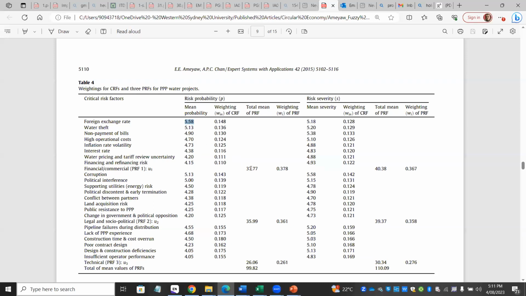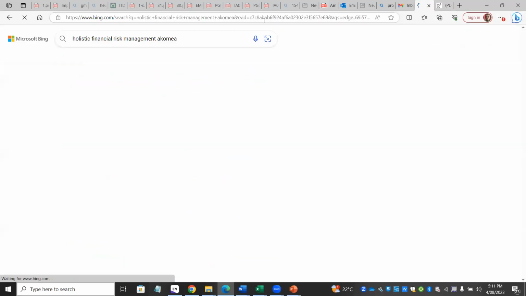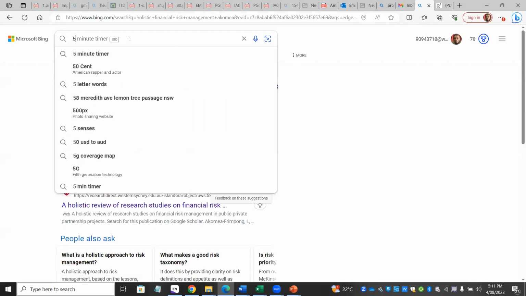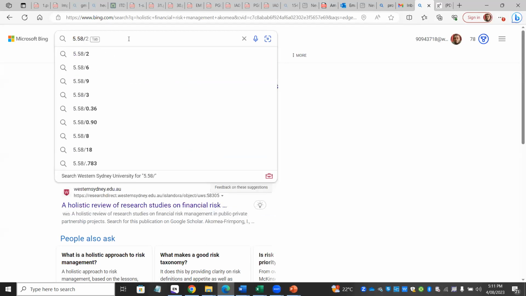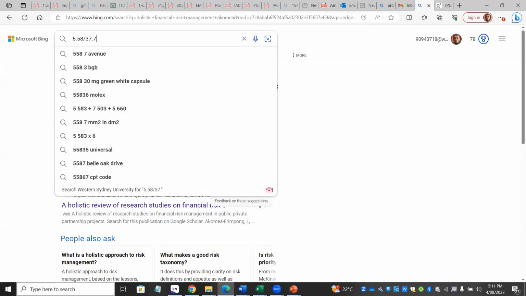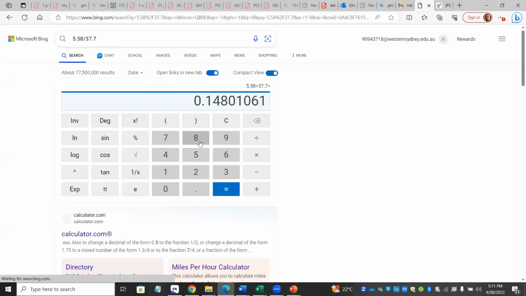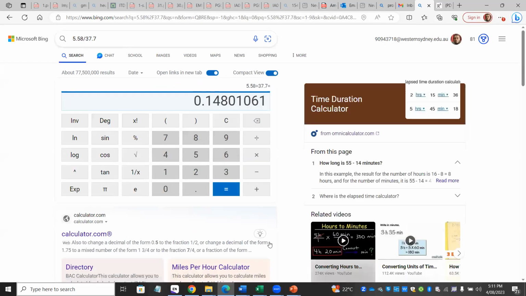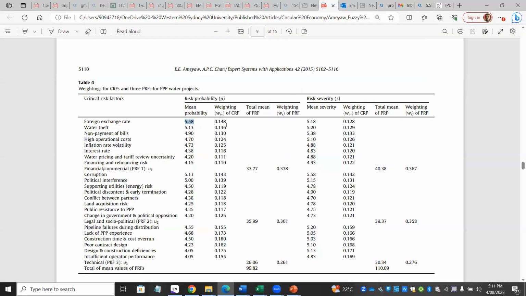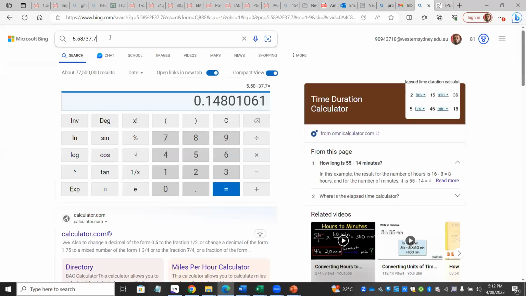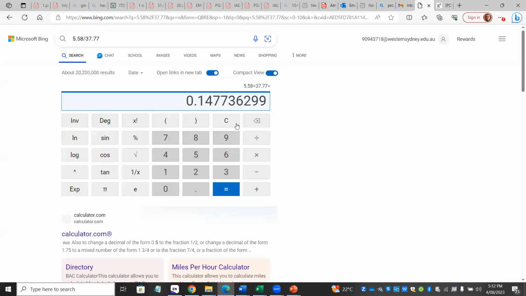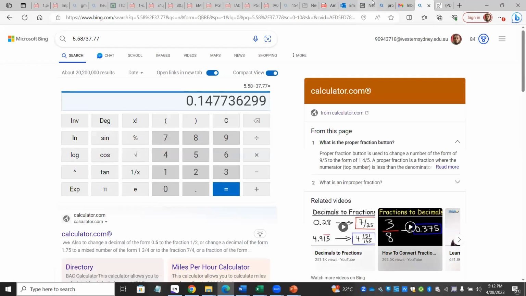5.58 divided by 37.77. Let's do it and see whether we'll get that. 5.58 divided by 37.77 gives us 0.148. Let's see, is that what was recorded? Yes, exactly, 0.148.